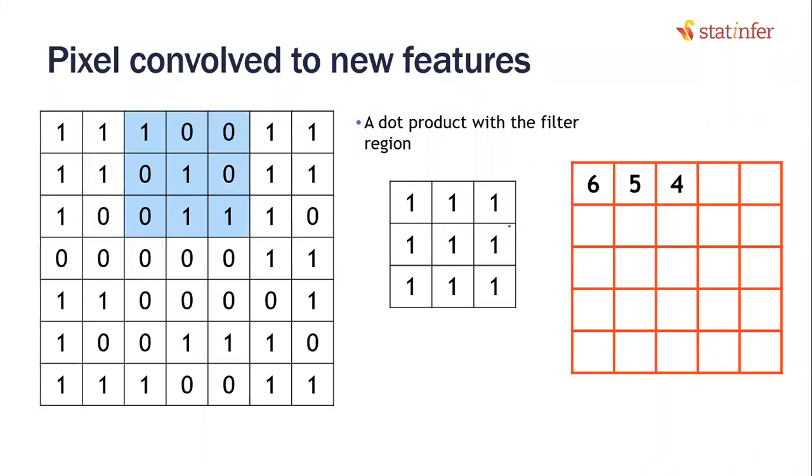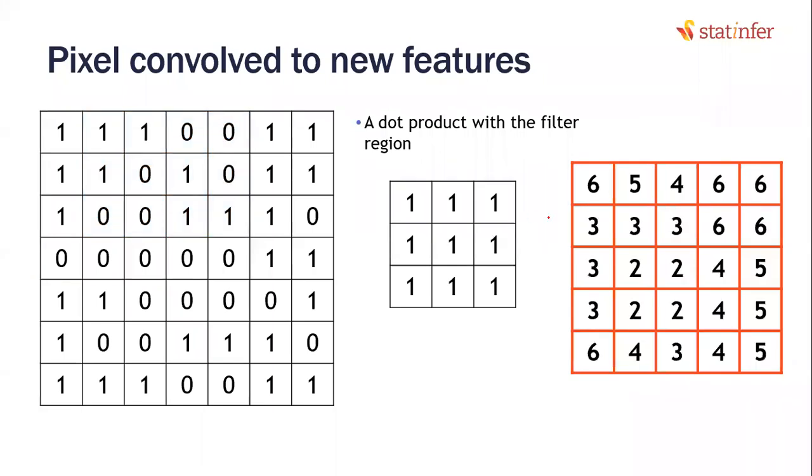Like that, I'll move the filter on top of the image. This is the original input, and this is the new image after applying a filter. What is the filter ensuring?